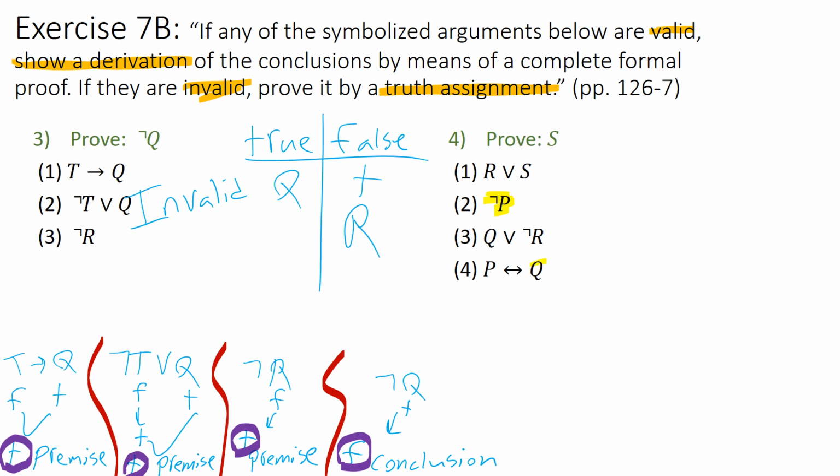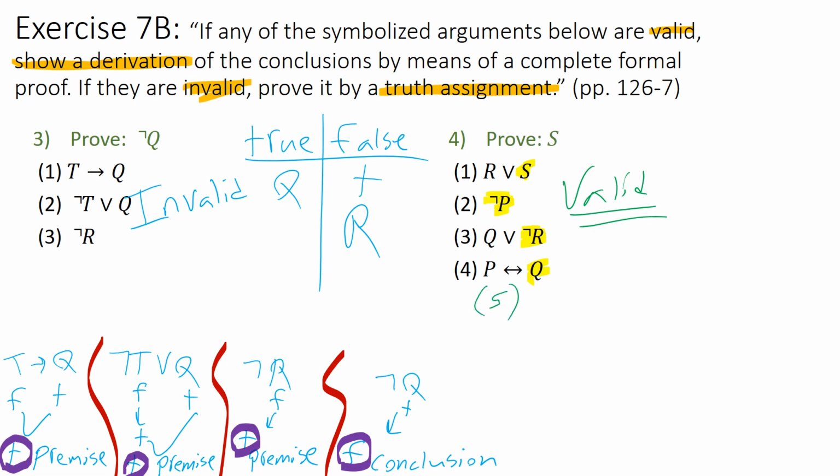So we can say Q is not the case. But if Q is not the case, then not R is the case. Because R is not the case, S is the case. Well, we did prove S in our head, right? So this is a valid argument. We better demonstrate that step by step.